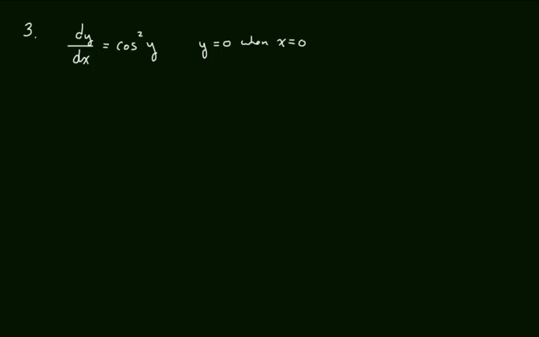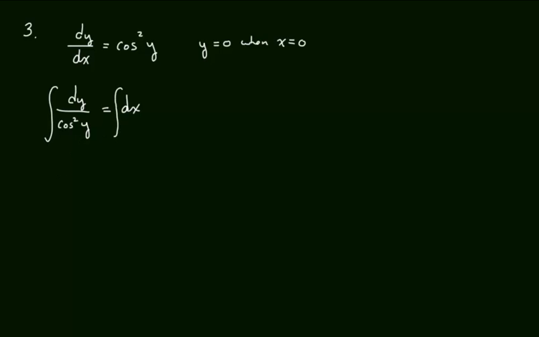Example number 3. This one is similar to one of the ones we did before in the fact that there is no x in the problem, only a dx, but not to worry. So dy over the cosine squared y equals 1 dx. Integrate both sides.